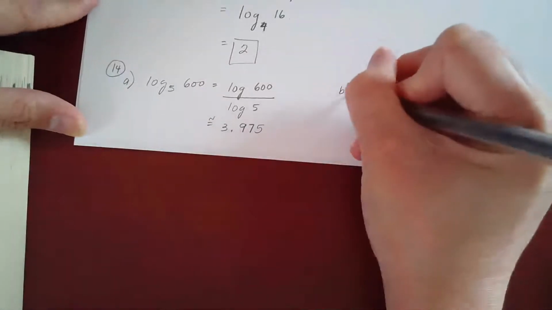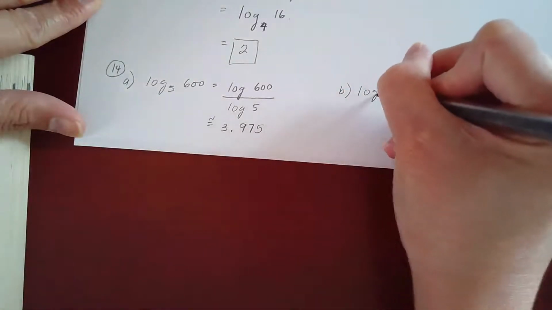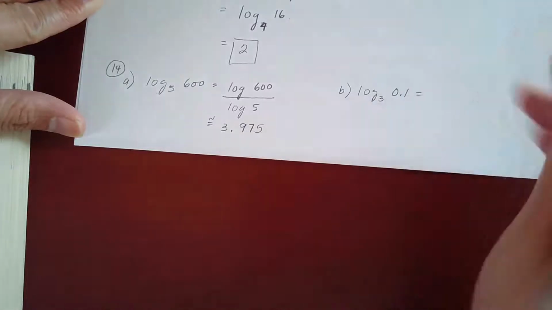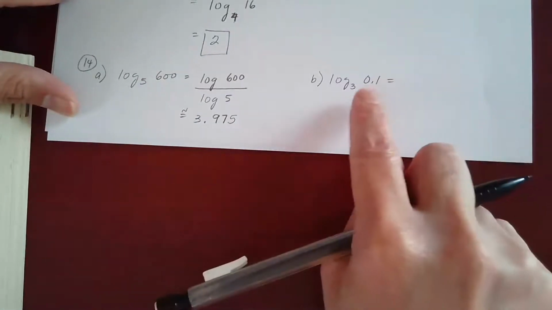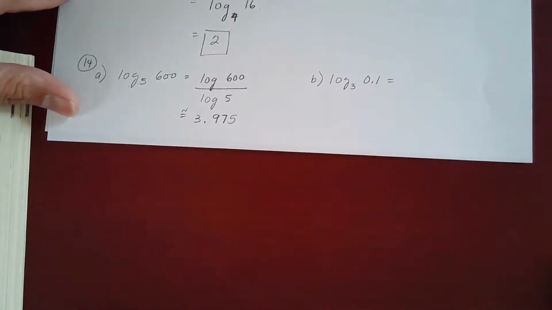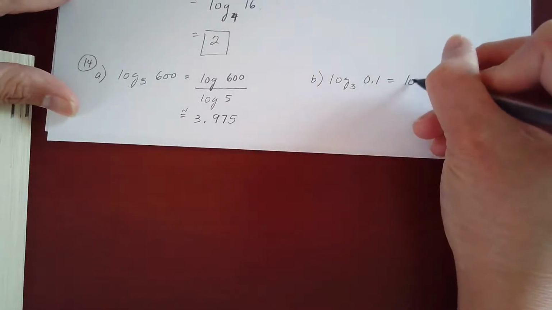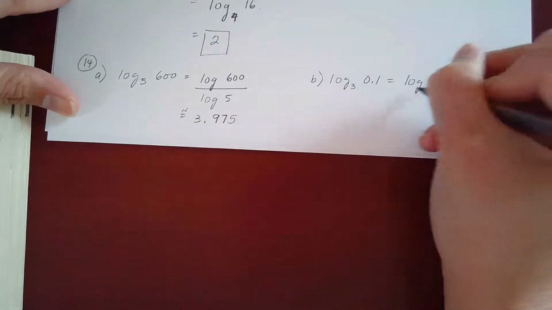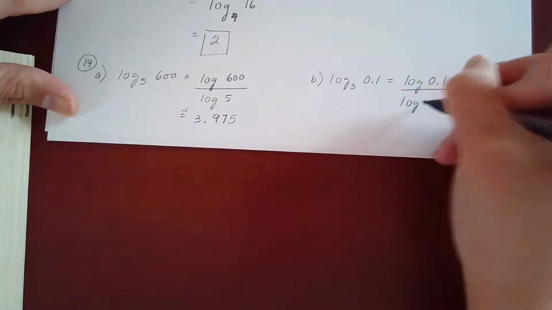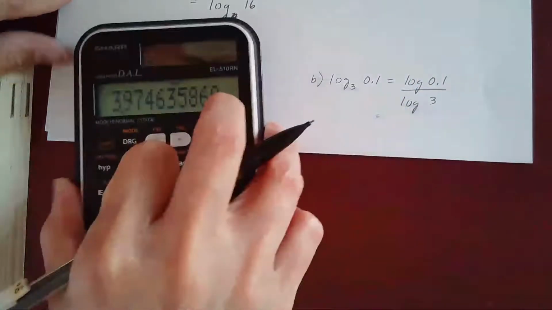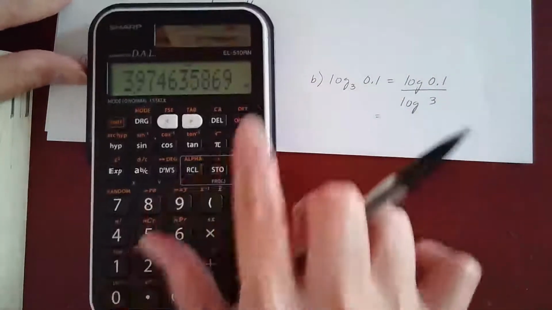And then for letter B, it's going to be log base 3 of 0.1. Okay, so we're not going to do trial and error in here. What we're going to do is a change of base. So log of 0.1 divided by the log of the base 3.